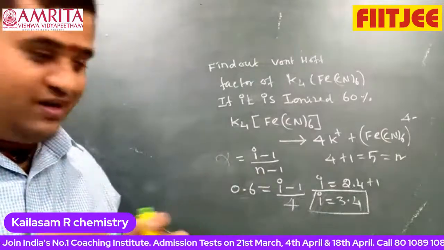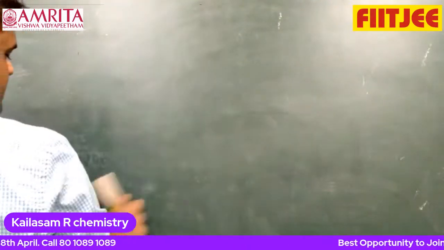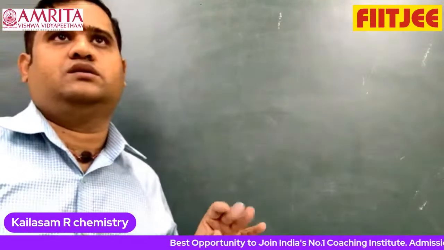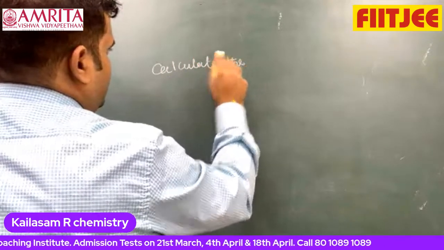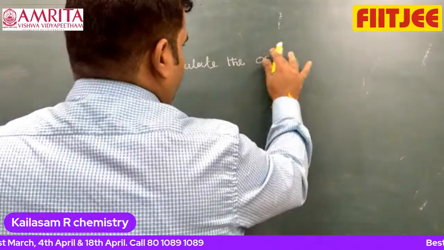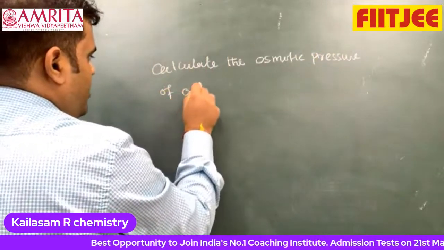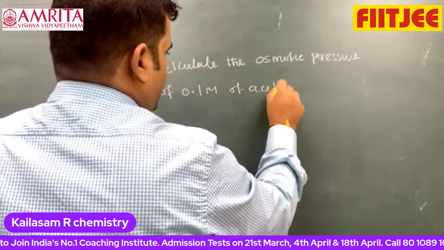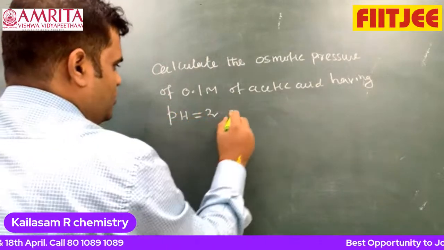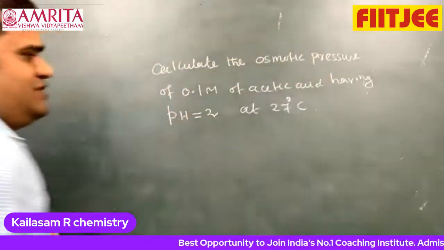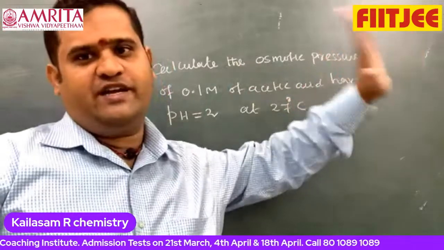Calculate the osmotic pressure of 0.1 molar acetic acid having pH equal to 2 at 27 degrees Celsius.